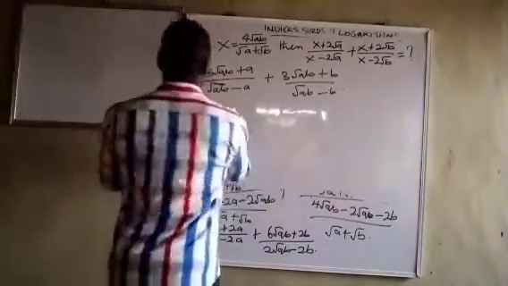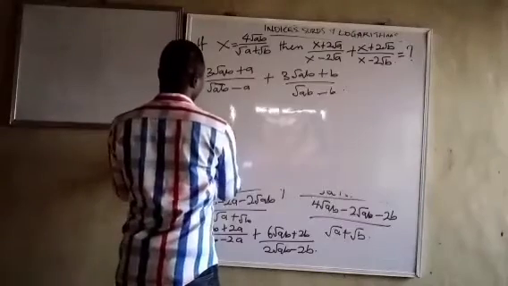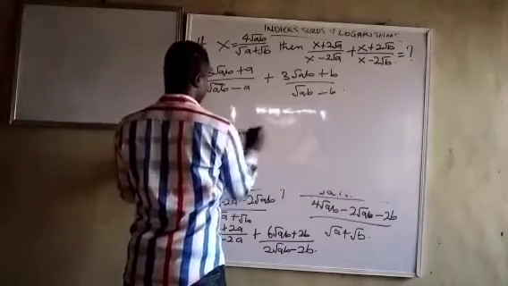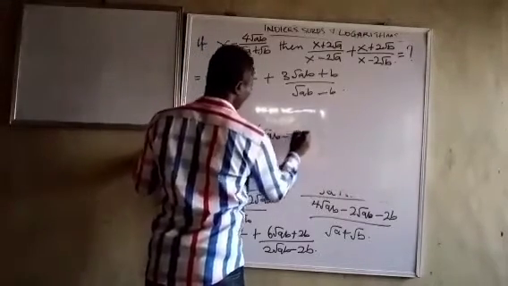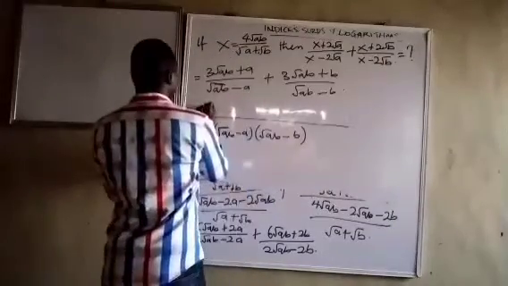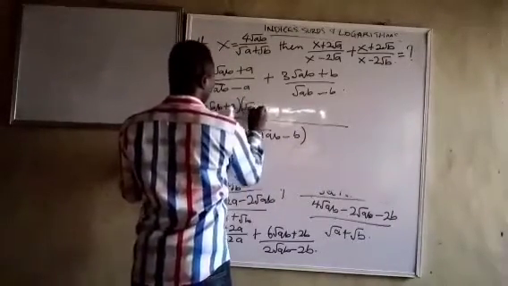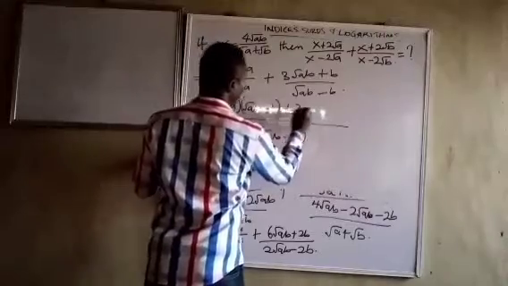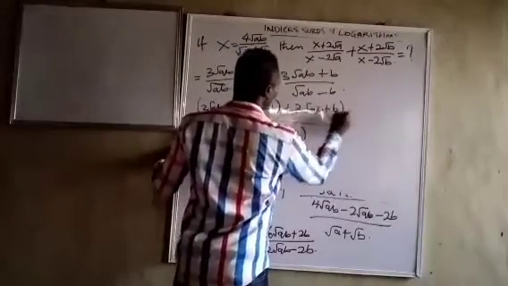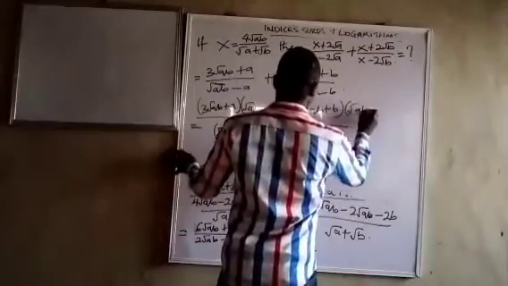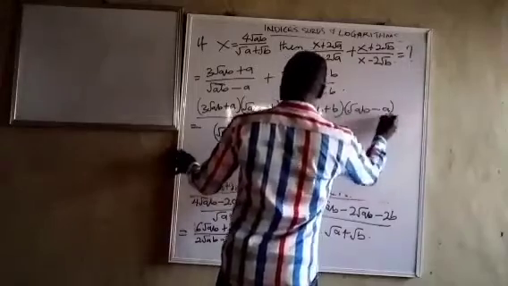So the LCM is going to be (root AB minus A) into (root AB minus B). So I'm going to have (3 root AB plus A) into (root AB minus B) plus (3 root AB plus B) into (root AB minus A).